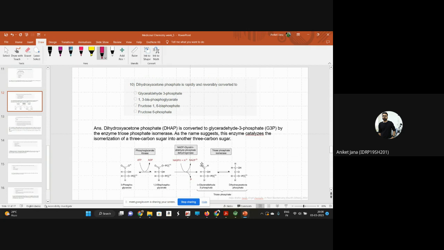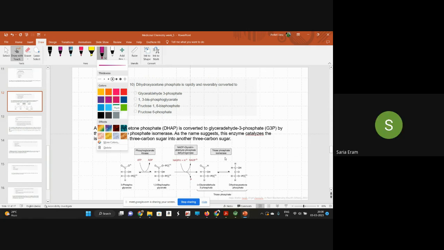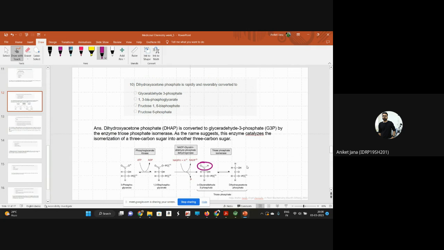So what is the basic isomerism that happens here? What group is present here in the case of G3P? Aldehyde group. Yes, this aldehyde group is present here. And here, what group is present? Ketone. The ketone group is present.